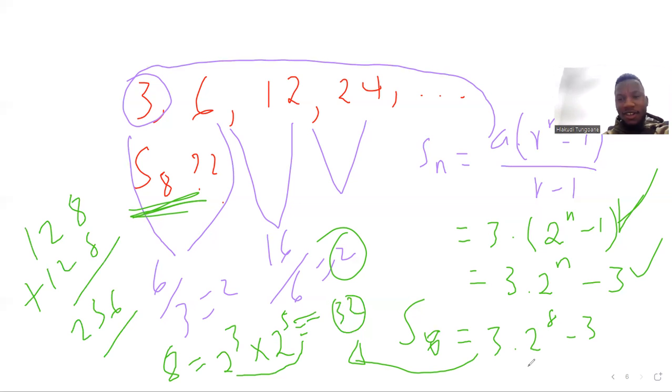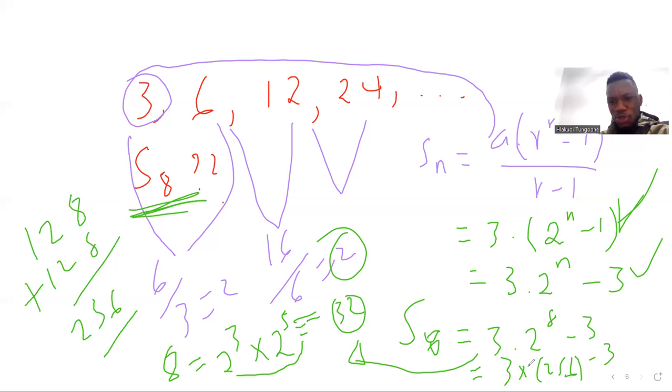Essentially you can just apply it in the calculator. 256 minus 3. Don't try to work it out like me in an exam, because you might waste time. So you just punch it into the calculator at this stage. So essentially this is 3 times 256, and then you minus 3, right? Then that will give you the answer that you're looking for.